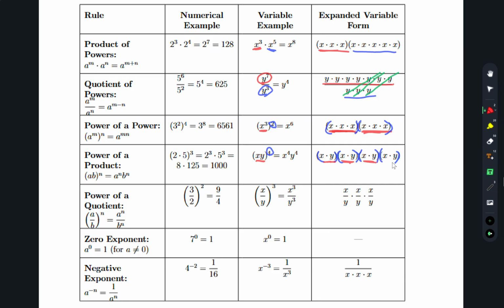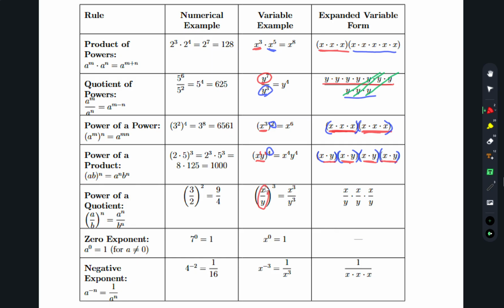This one, I kind of tend to do the rules. I'll distribute that 4. Whenever there's no power, it's just an invisible 1. As long as you remember that's an invisible 1, you're doing 4 times 1, 4 times 1, for both of them. For a quotient, you do the numerator and denominator. It's the same deal.